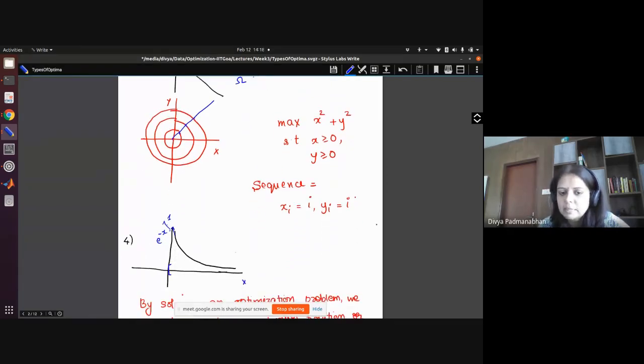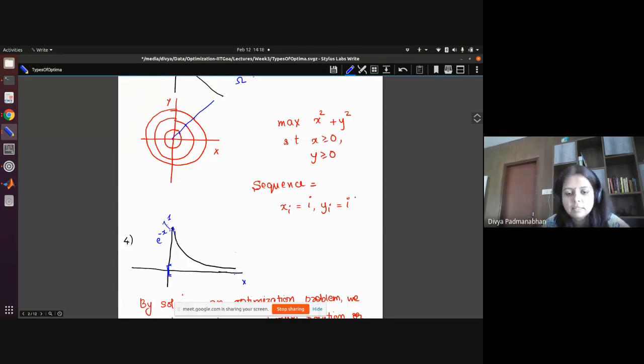Now a final example, which is similar in spirit to ones we have seen. So there is a case where the function looks like this. So this is the starting point. So this is an unbounded region. In the set it's unbounded, but the objective function is e power minus x. So it starts from 1 at x is 0.